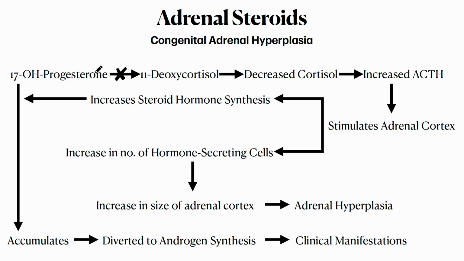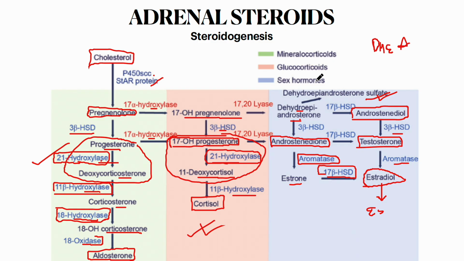So actually what is happening, 17-hydroxyprogesterone is not getting converted to 11-deoxycortisol in our earlier pathway because there is no 21 hydroxylase enzyme, right? So that is leading to a decrease in cortisol, and also aldosterone.